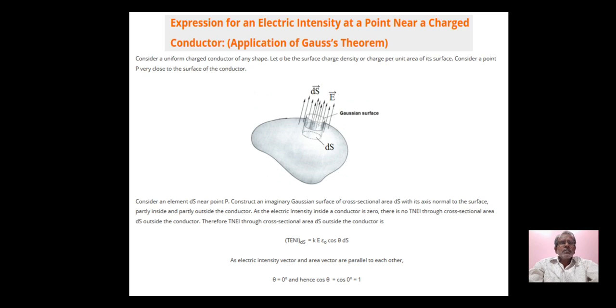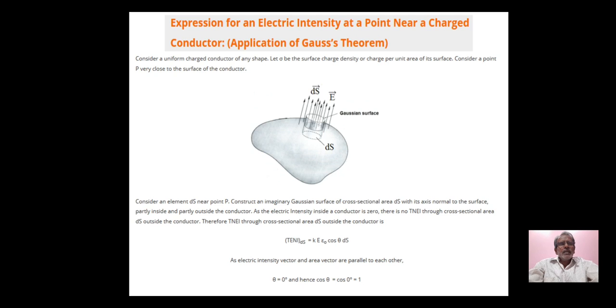Next application of Gauss's theorem is to find expression for intensity at a point near a charged conductor. Let E be intensity at a point near a charged conductor, and consider an infinitesimally small surface element ds over the conductor, over which flux is equal to k E epsilon naught cos theta into ds.